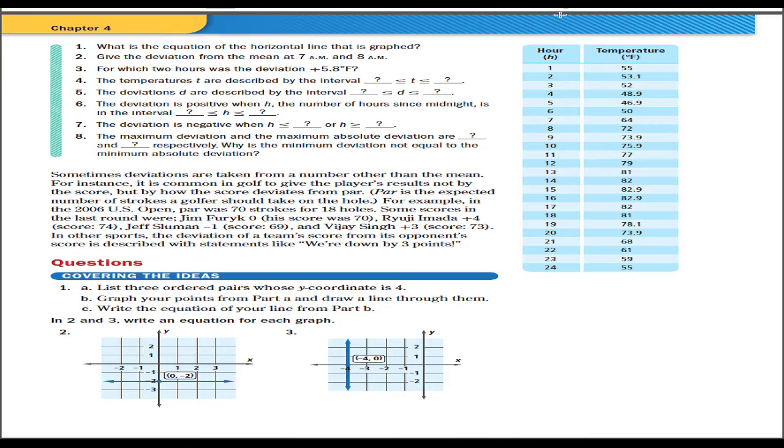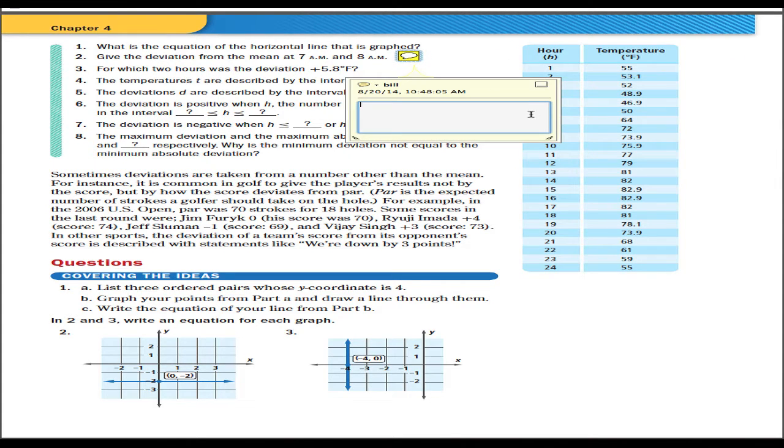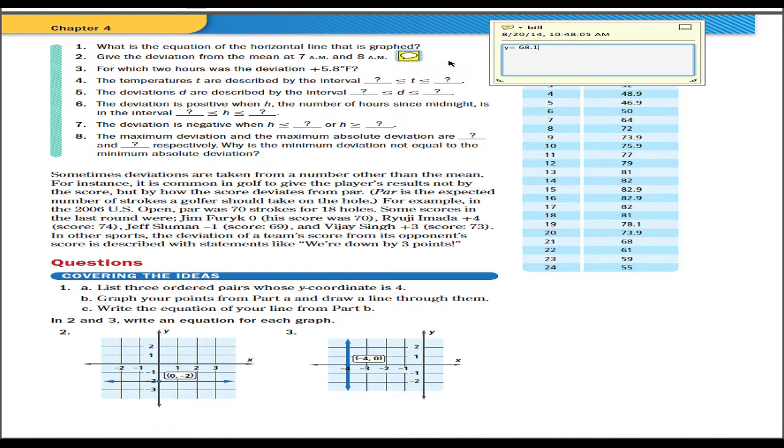Well, since it's horizontal, its y is always the same, so y equals what it equals, the mean, which was 68.1. Okay, that's our first one there. What is the equation for the horizontal line?